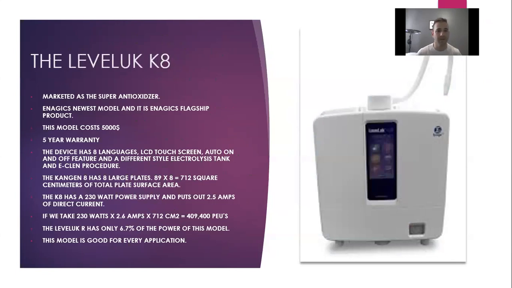Okay, so if we take the 89 square centimeters and multiply it by the 8 plates, we get 712 square centimeters. That's the total surface area of all the 8 plates.